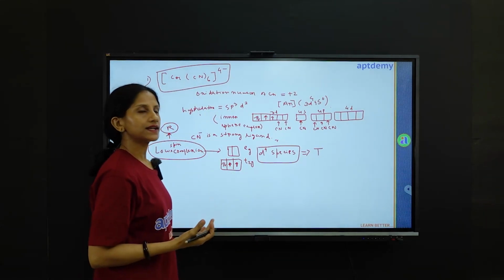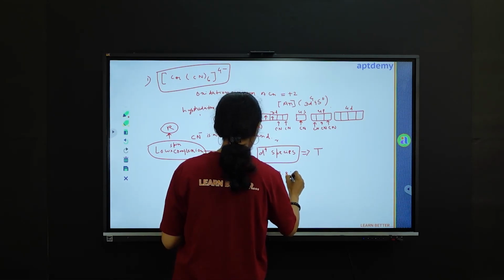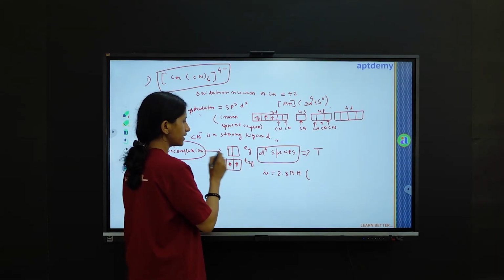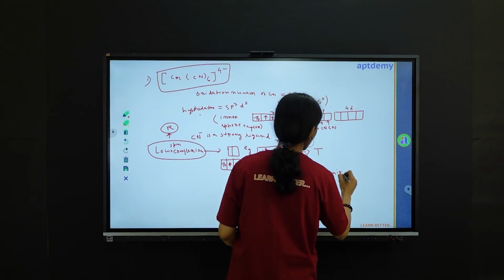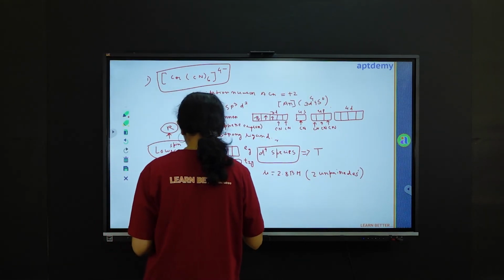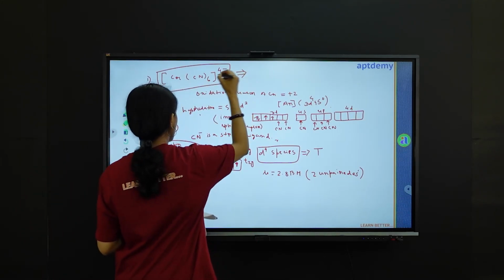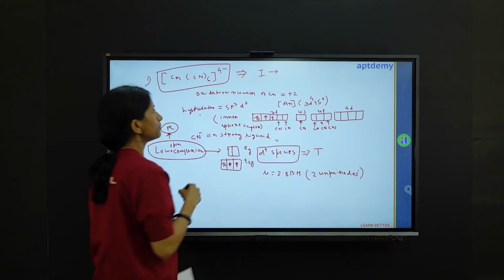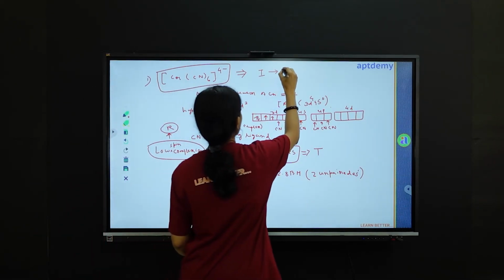If you also consider the other properties, you can say that mu is equal to 2.8 BM. That is, it is having 2 unpaired electrons. Right?